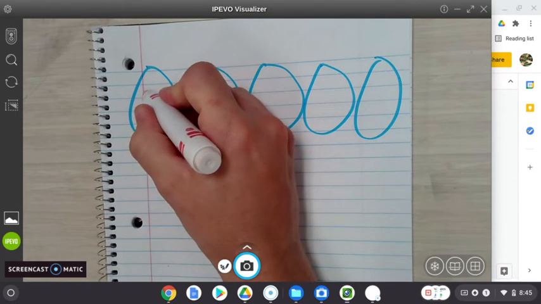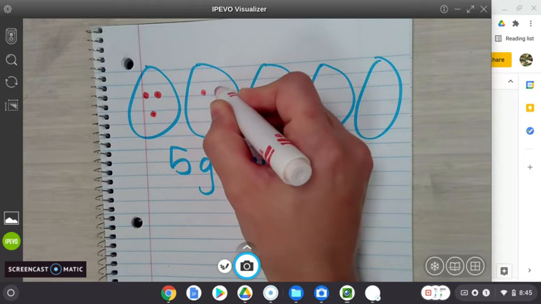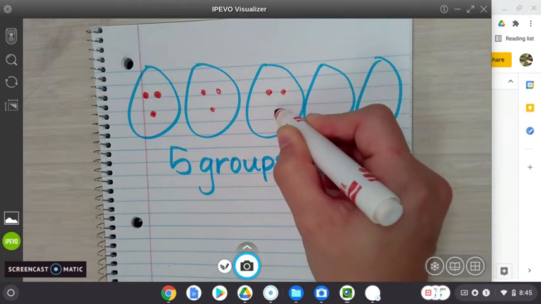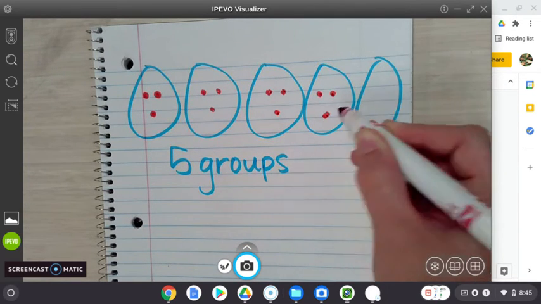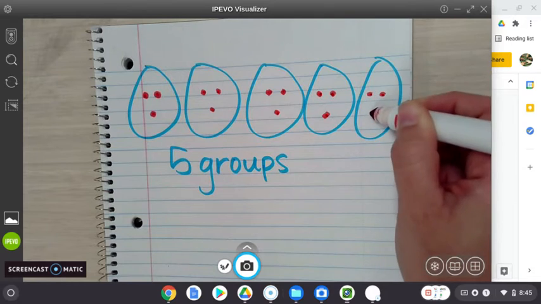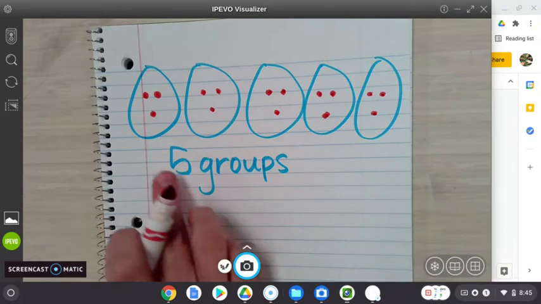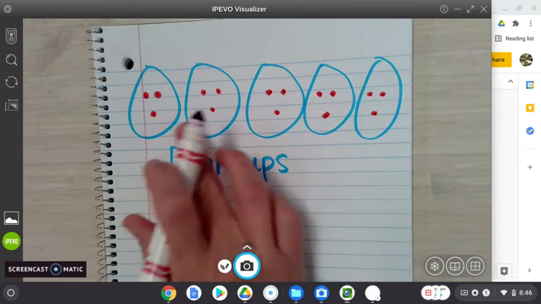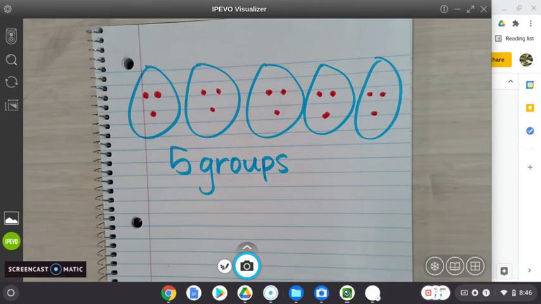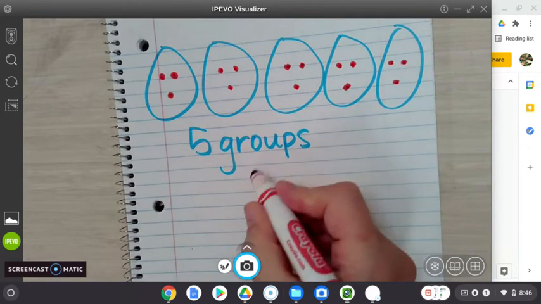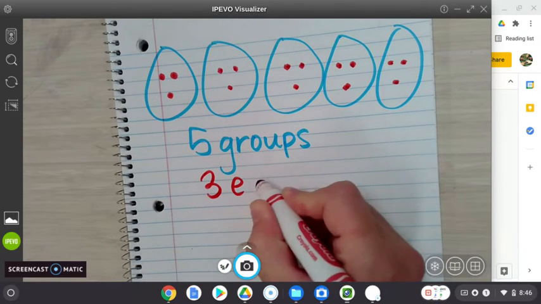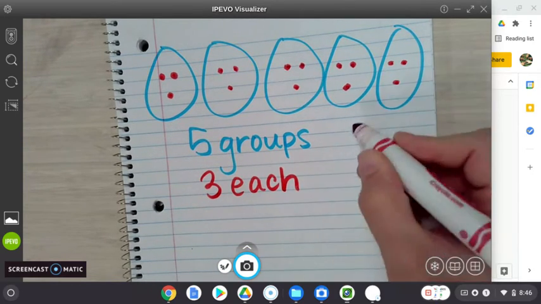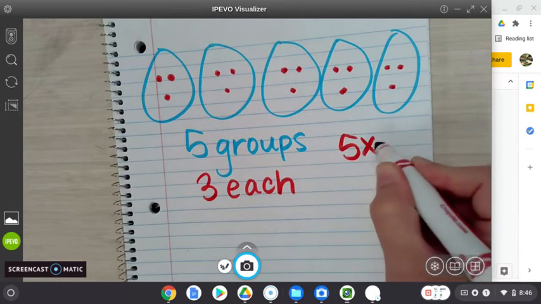You can think about this like bags of candy or, I don't know, something you might have in your backpack. These kids, 5 backpacks, they've got 3, I don't know, sodas in each one. So 5 groups, 3 each. That's the same as 5 times 3.